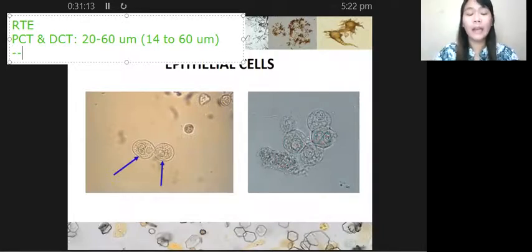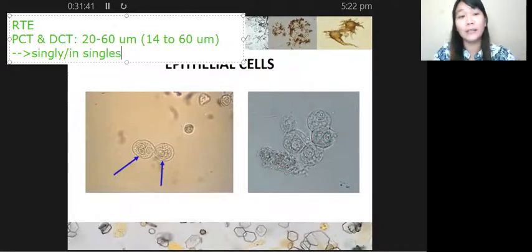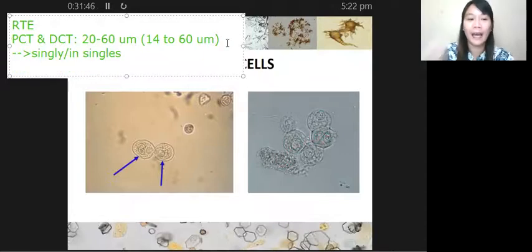When it comes to their appearance in your urine, RTE cells coming from your PCT and your DCT usually appear in singles, singly.